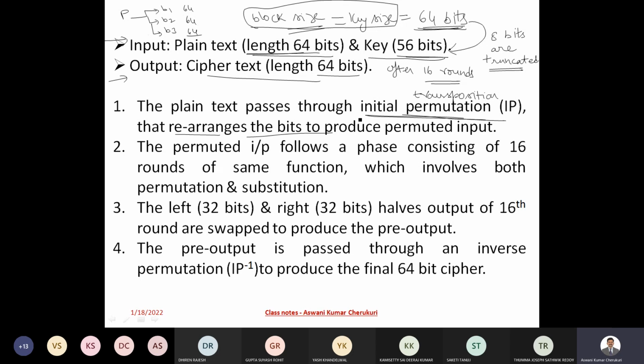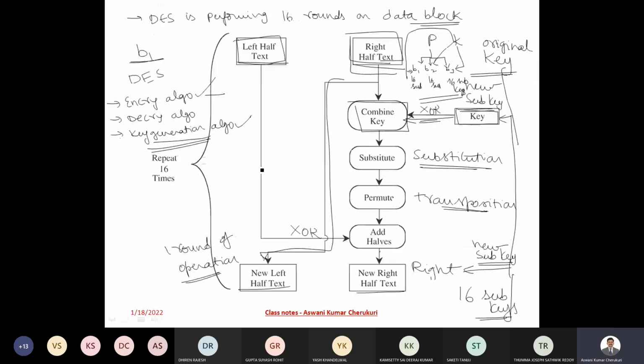Whatever the permuted input is, it would undergo 16 rounds of operation. That means in the previous slide what we discussed, before that you have some permutation operation that is done.